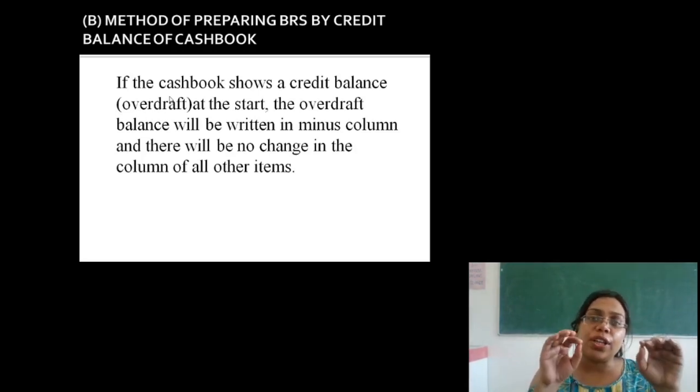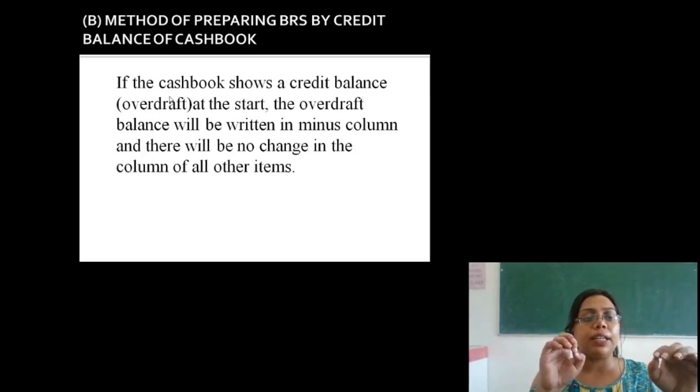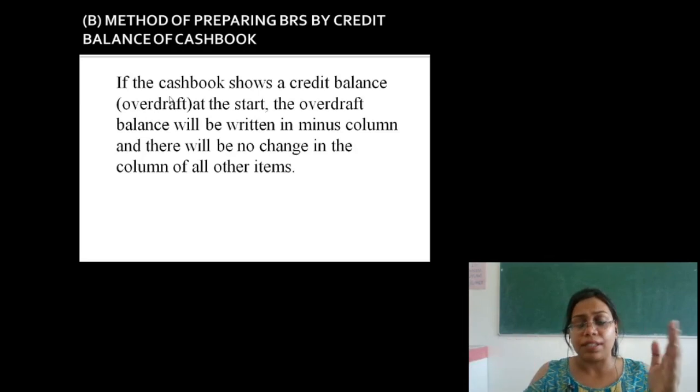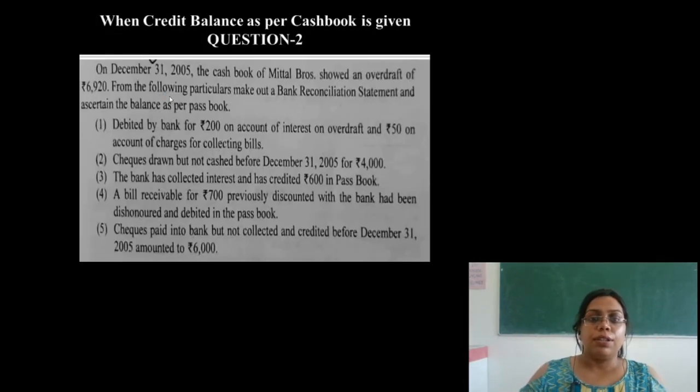The only change is that the starting carry forward balance goes from plus to minus. We will discuss this in our next question. So see this question.